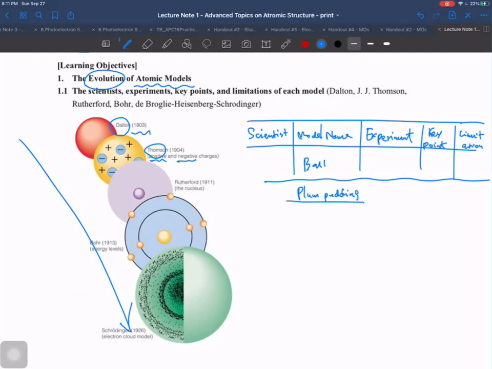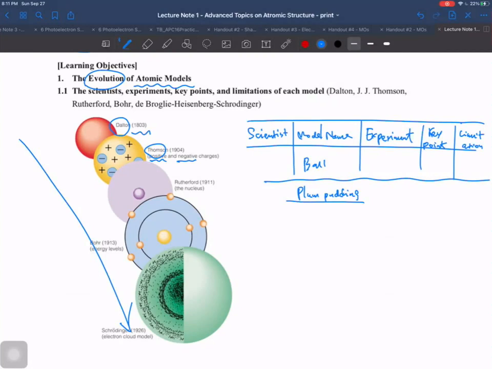I was told the plum pudding is not very popular in the United States. It's kind of a UK breakfast, so it probably doesn't make so much sense to you. But you can definitely Google what a plum pudding looks like, right? Have a look at the picture, and then you will probably have a better understanding of Thomson's idea.